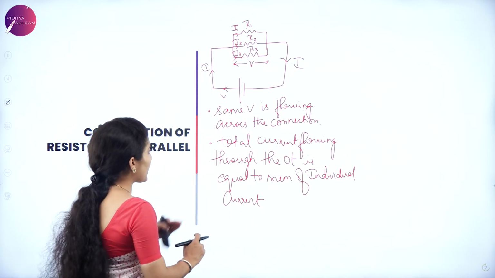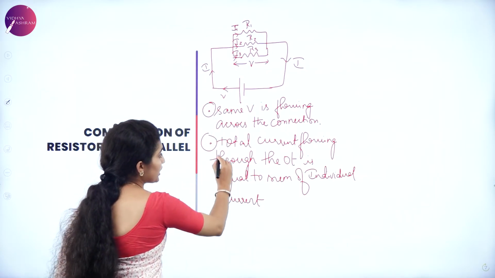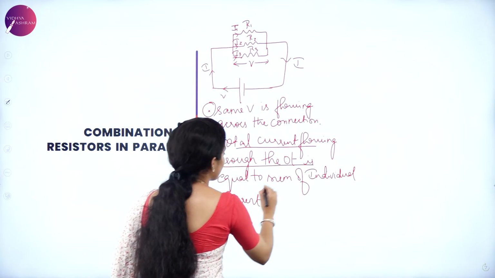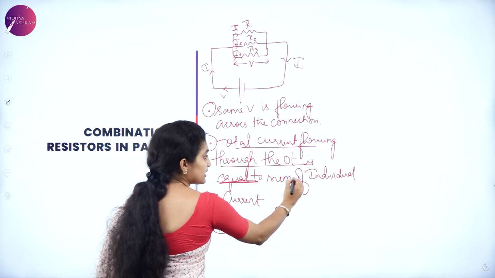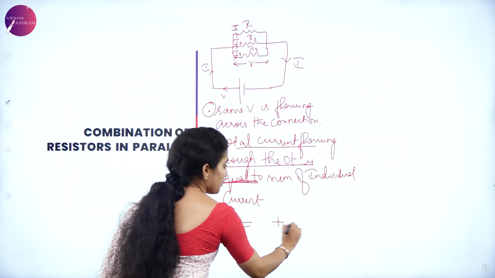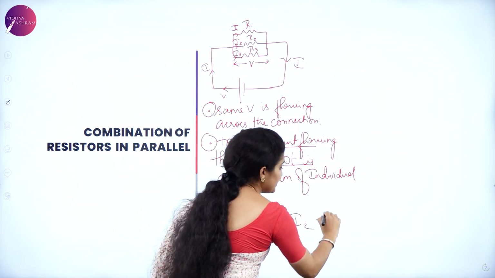So now we have the first point here, second point over here. Total current flowing through the circuit is given as I is equal to the sum of individual currents, that is I1 plus I2 plus I3.